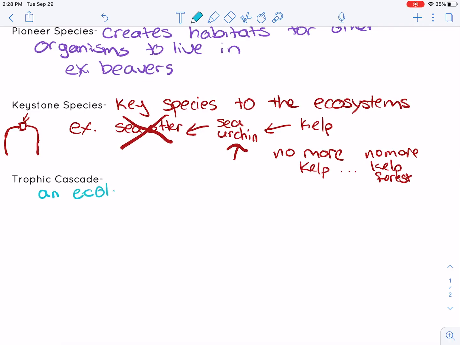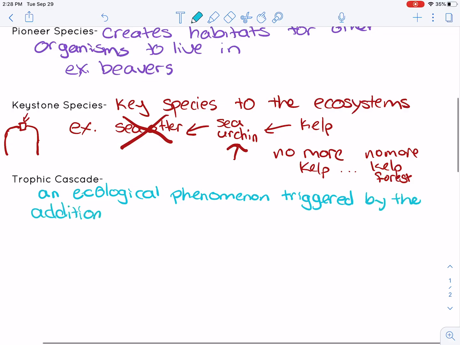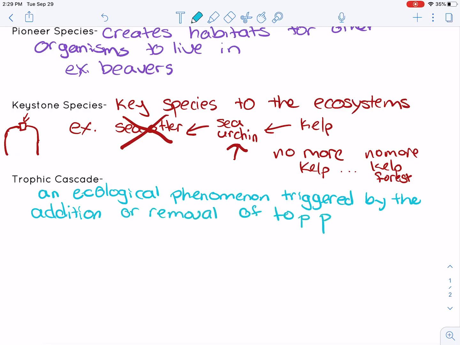So an ecological phenomenon that is triggered by the addition or removal of top predators. And all the events that follow.